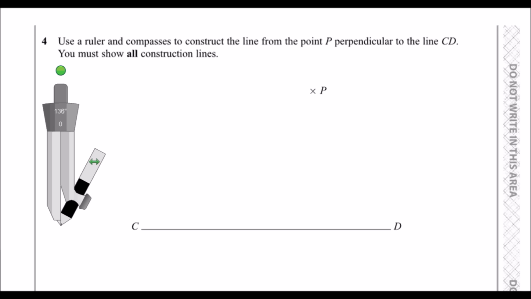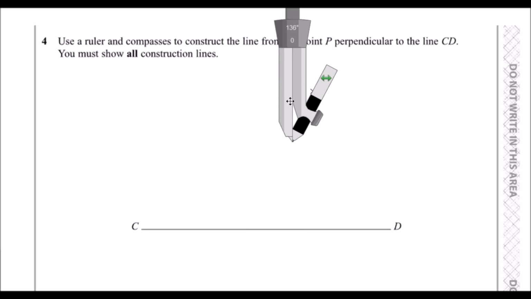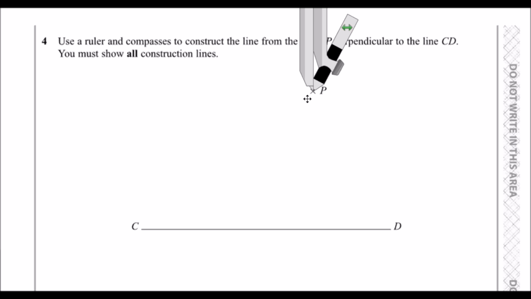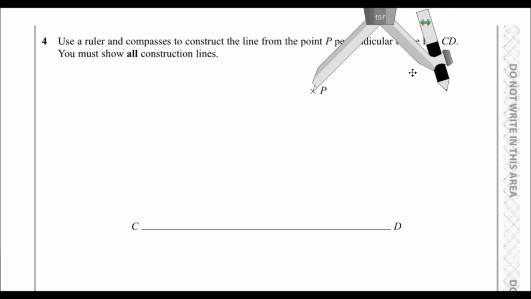Question 4. Use a ruler and compasses to construct the line from the point P perpendicular to the line CD. You must show all construction lines. So we need to take our compass and place the point of the compass on the point P. And we're going to draw an arc that's going to give us 2 points that are on this line CD.